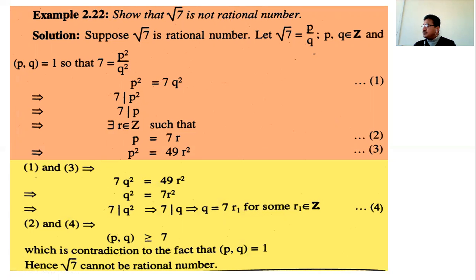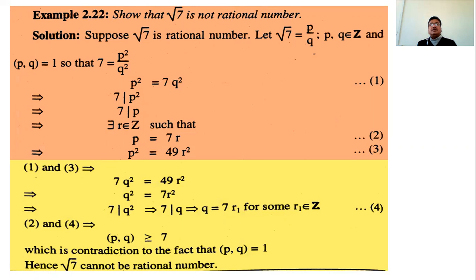But this 52 by 10 is not its smallest form. For example, how can we write 4 in the form p by q? We can write 4 as 4 by 1. Or 0.5 is also a rational number. We can write 0.5 as 5 by 10, or 1 by 2, or 3 by 6.